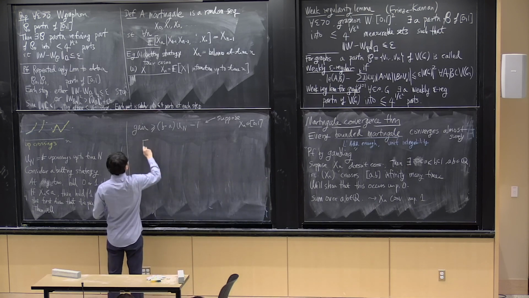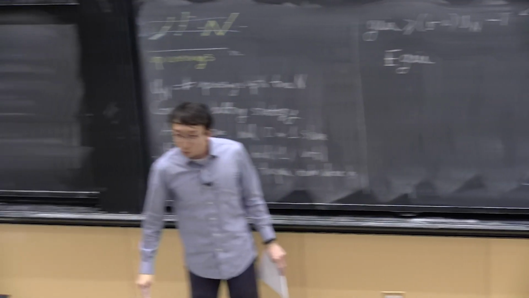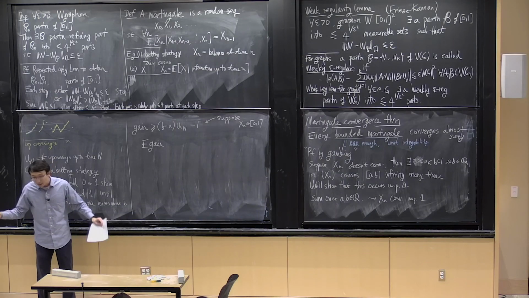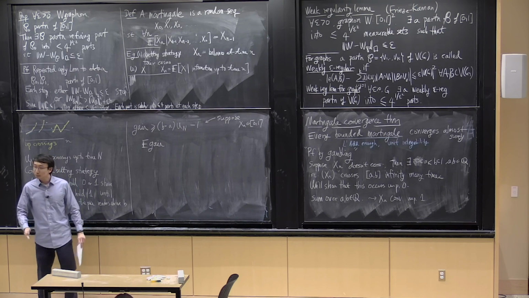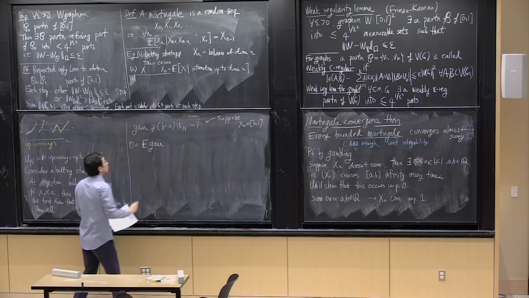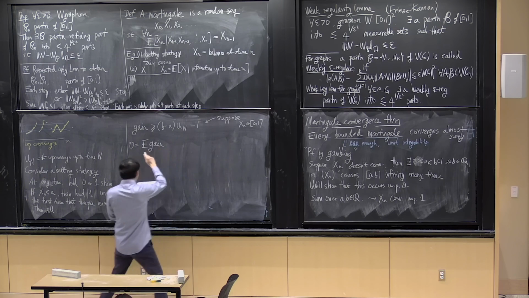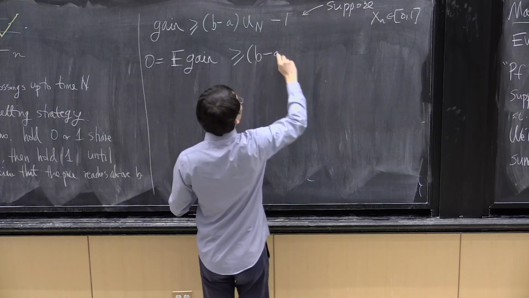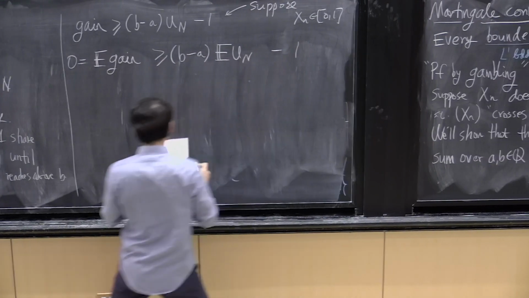But on the other hand, there's a theorem about martingales, which is not hard to deduce from the definition, that no matter what the betting strategy is, the gain at any particular time must be 0 in expectation. This is just a property of the martingale. So 0 equals the expected gain, which is at least B minus A times the expected number of upcrossings minus 1.